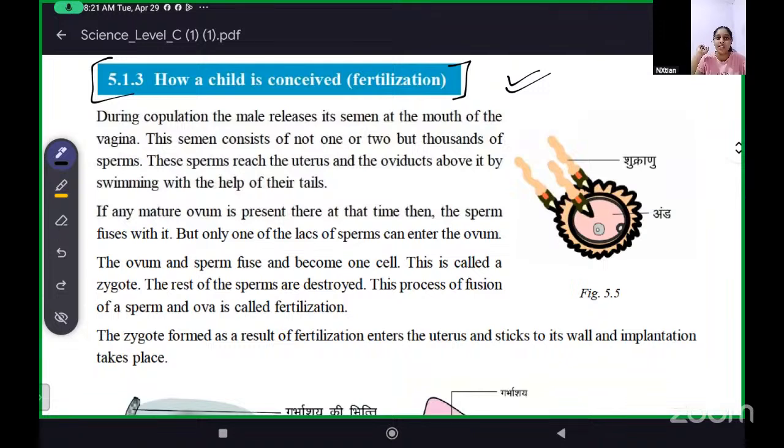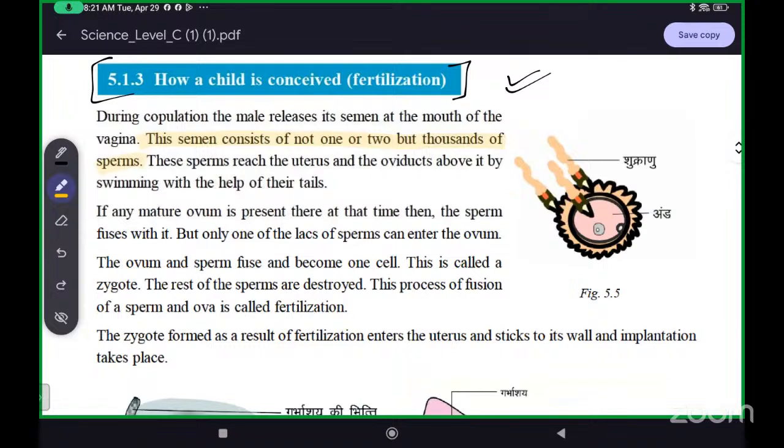During copulation, the male releases its semen at the mouth of the vagina. The semen consists of not one or two, but thousands of sperms. Thousands of sperms are released into the female.